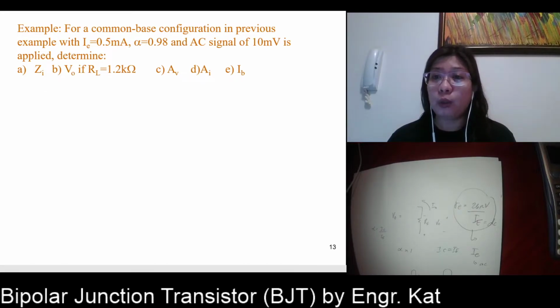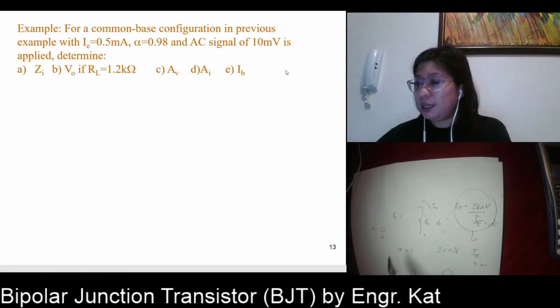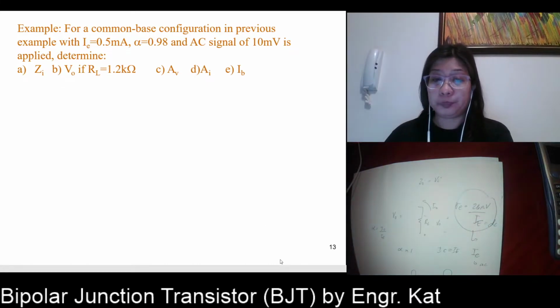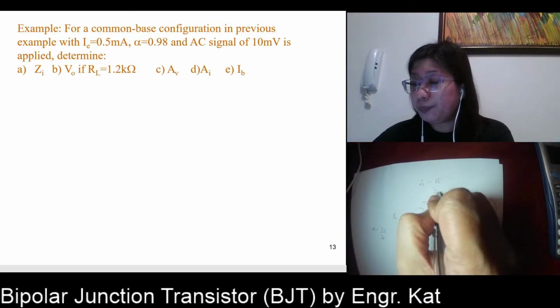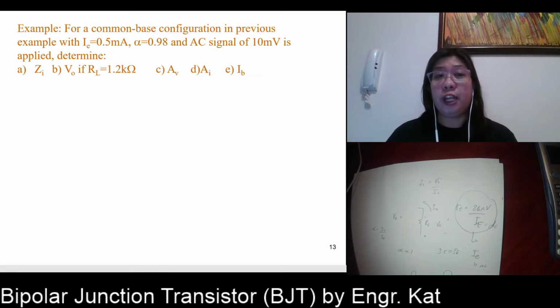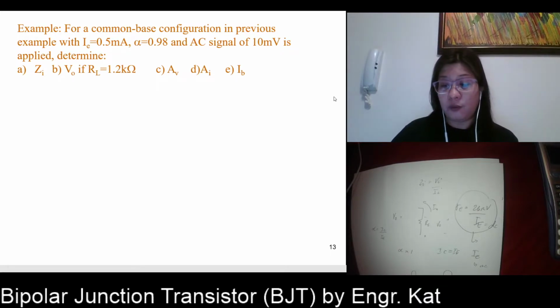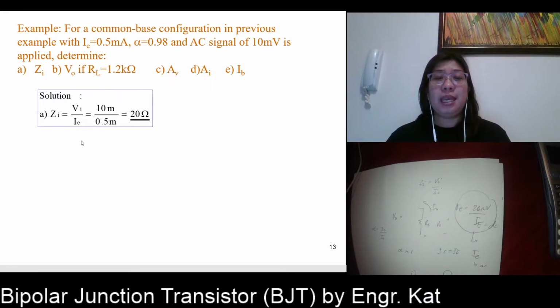So how are we going to solve for that? ZI, what is ZI? ZI is your input voltage AC divided by your input current. Since we cannot use that formula, we have your ZI instead.